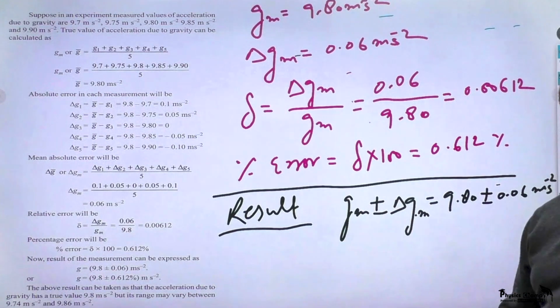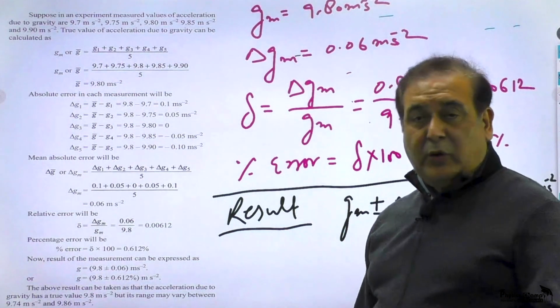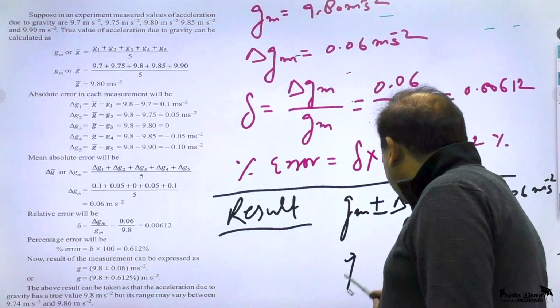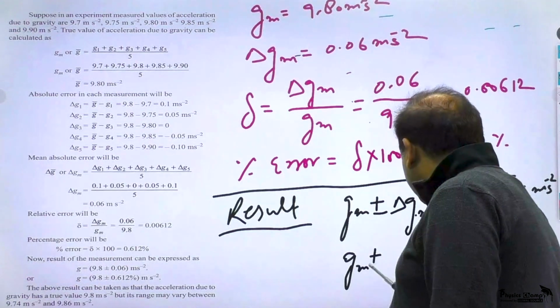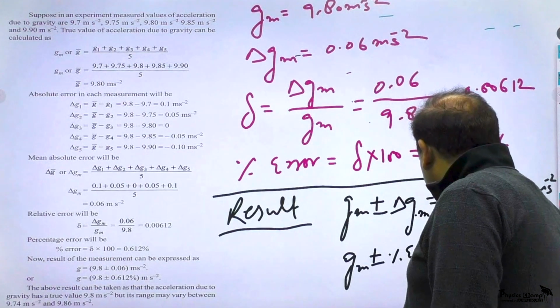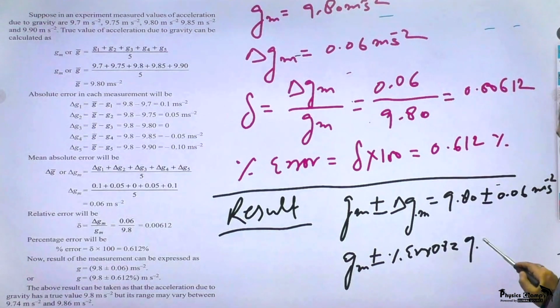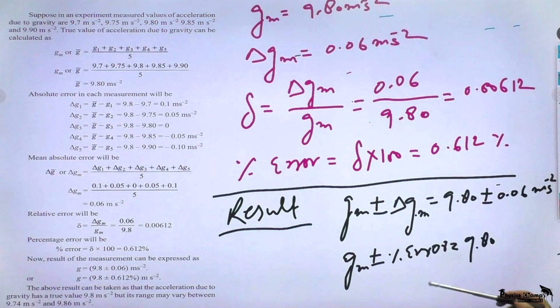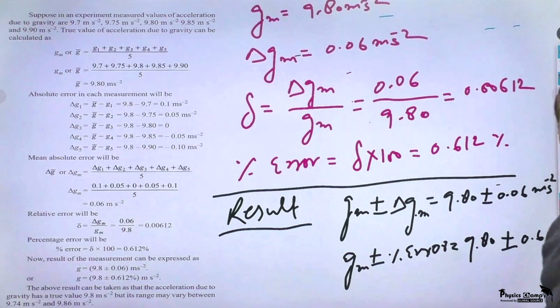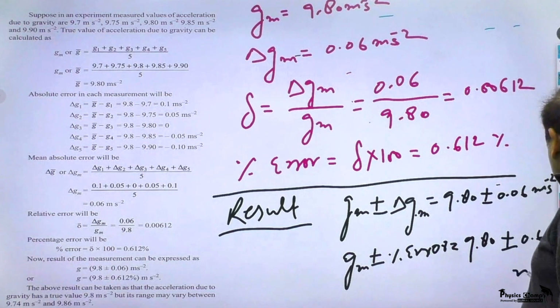This is one way of writing the result. Or the second way of writing the result can be Gm plus minus percentage error. This is 9.80 meter per second square plus minus 0.612% is the final result.